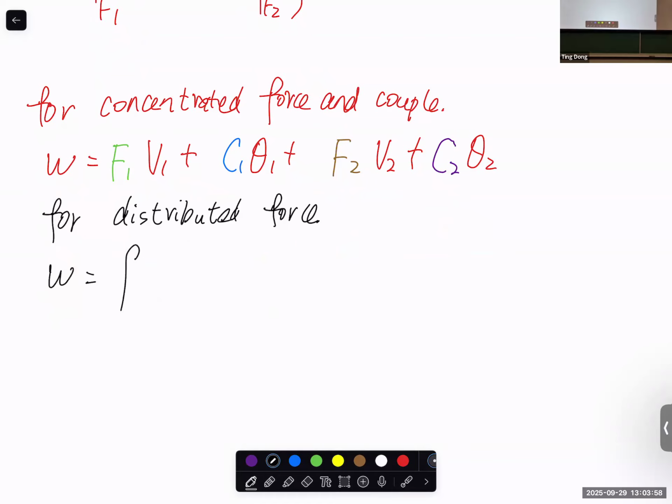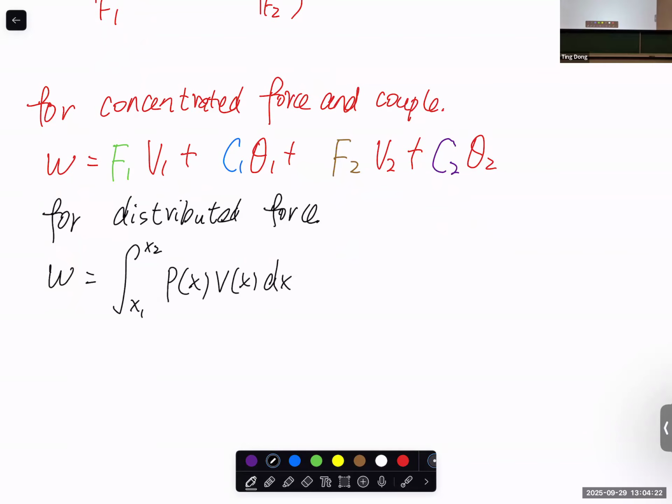W should be equal to, in the X coordinate, the integration from x1 to x2 for this element. The first node coordinate is x1, the second node is x2. So it's the integration over this single beam of P as a function of x, and the deflection as a function of x, dx.